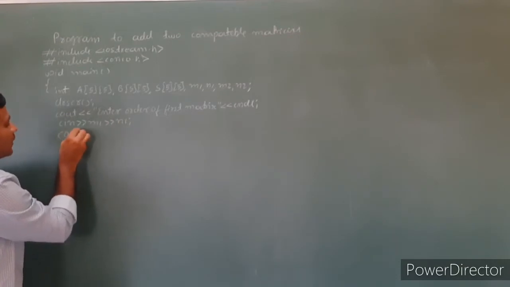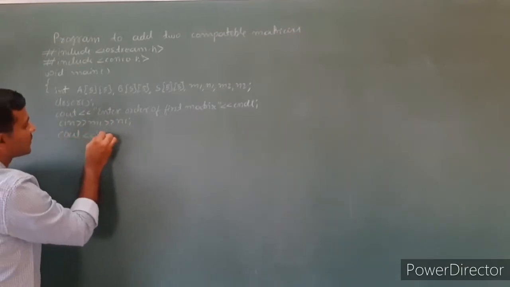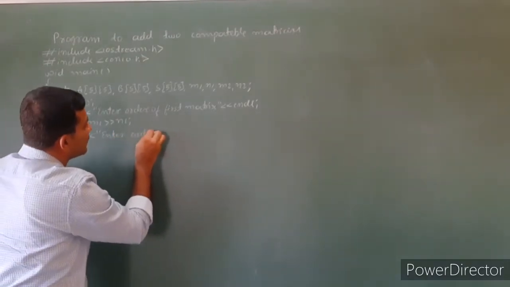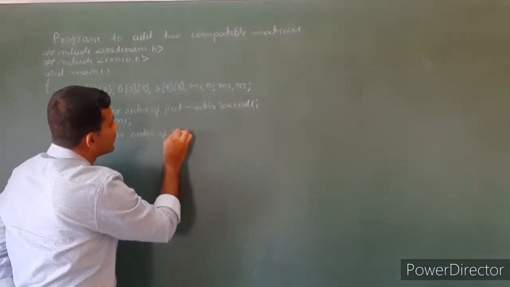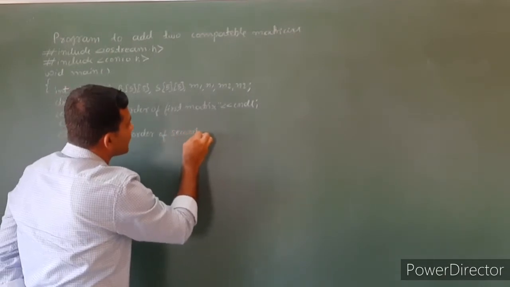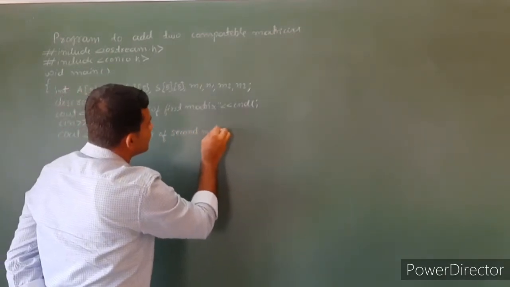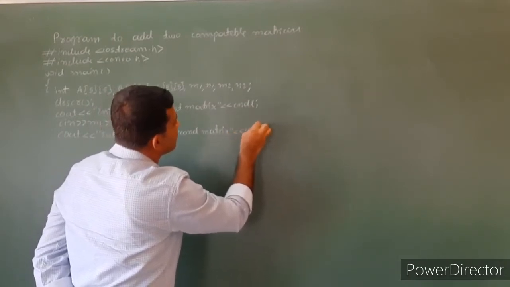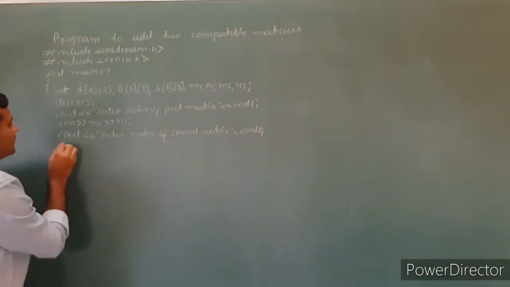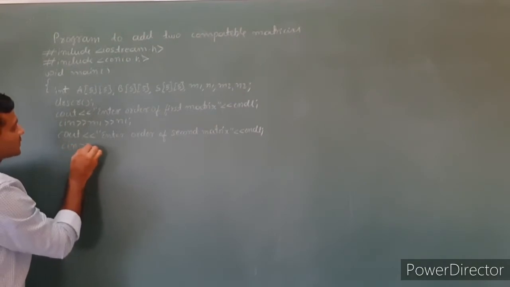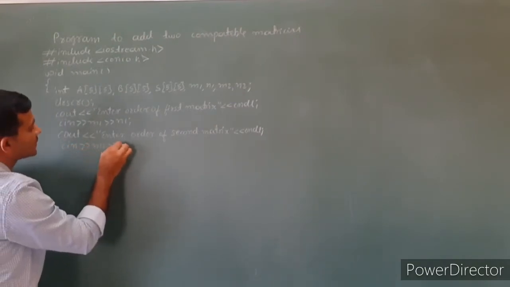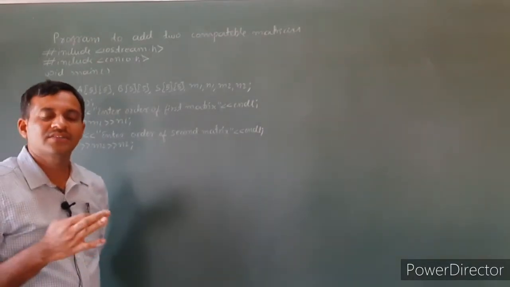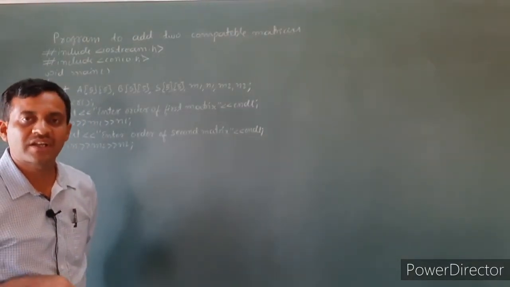Also read order of second matrix. That is, enter order of second matrix. Then cin extraction M2, extraction N2. Read orders separately, first matrix and second matrix order.